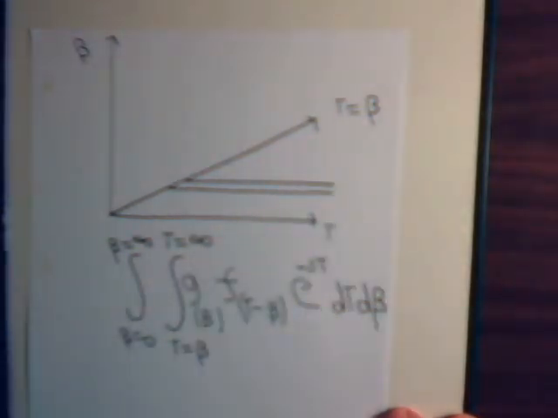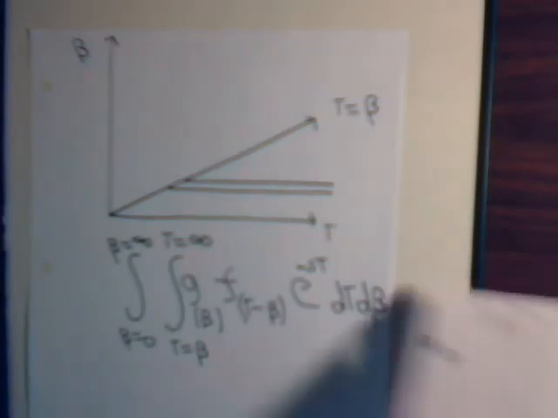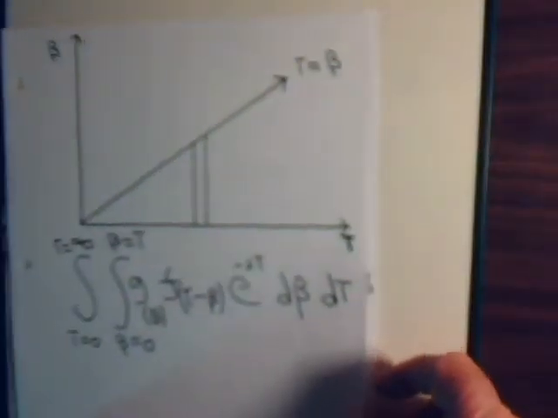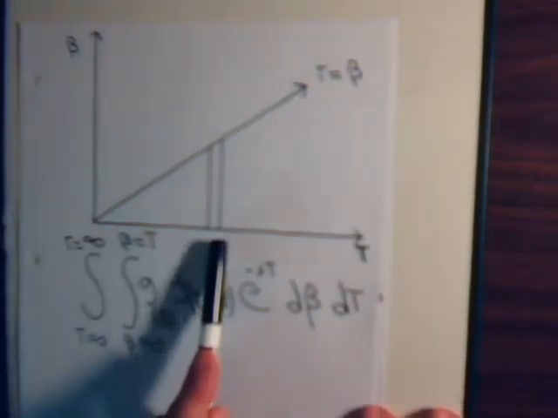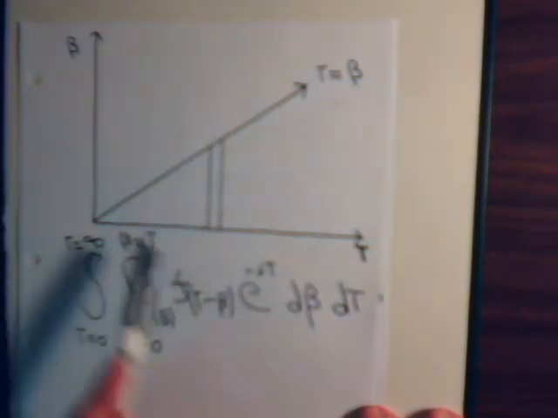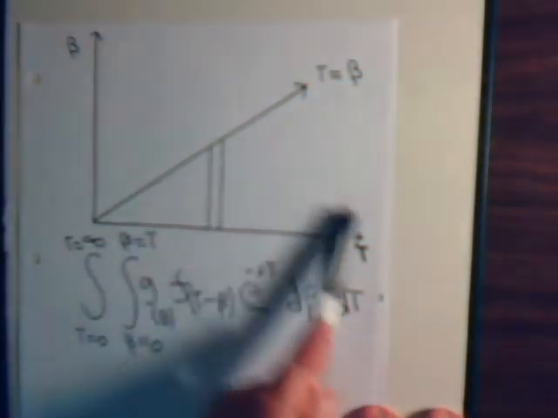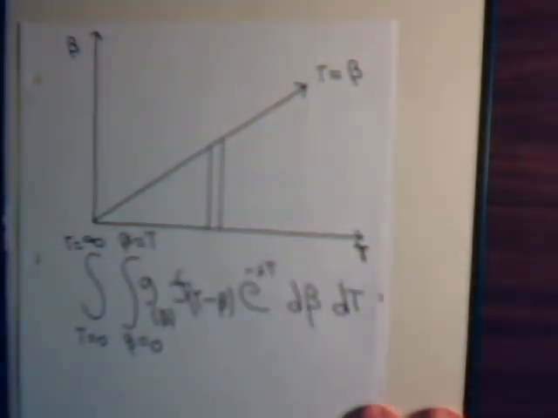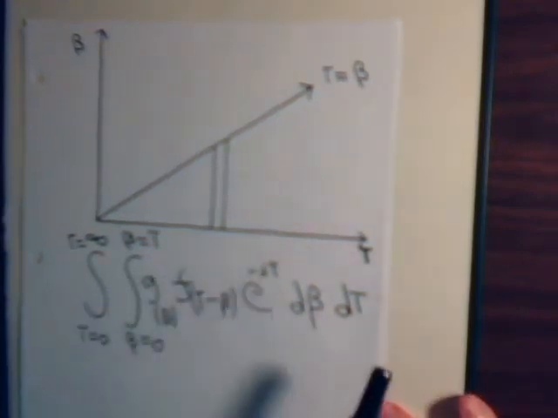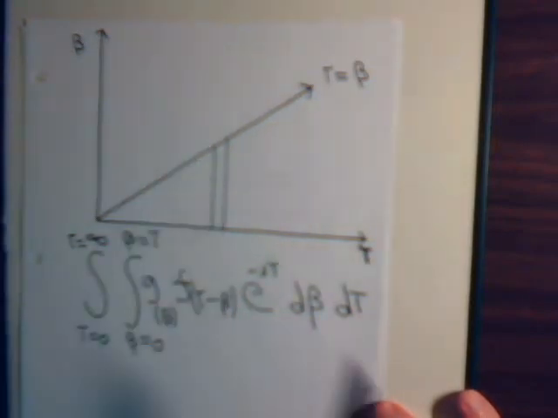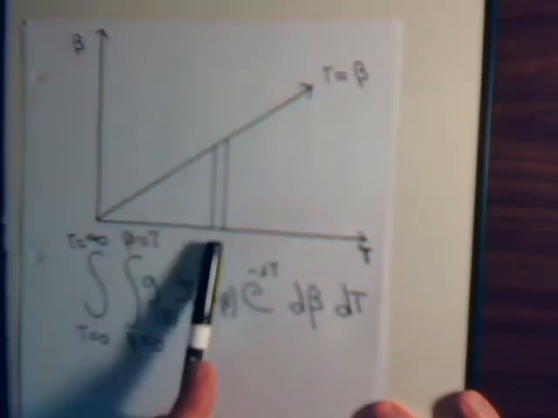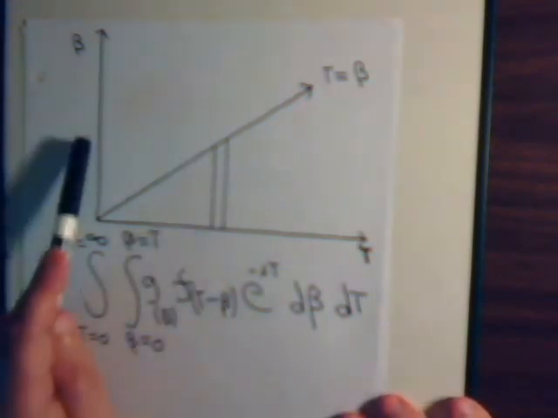Well, suppose now we want to sum with vertical strips instead of horizontal strips. So we have this situation. We're starting here, going up to here, and now to get the area underneath here, going all the way on out to infinity, then we take the area of each strip and add them all up. So here we're going from here up to here. So we're summing then up in the beta direction.